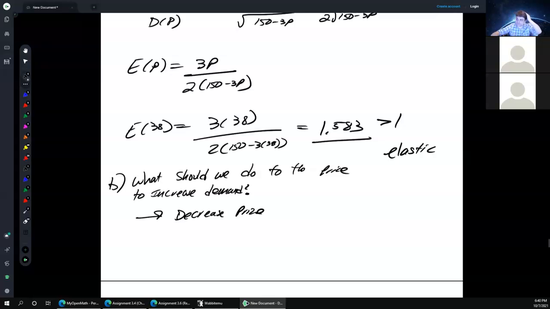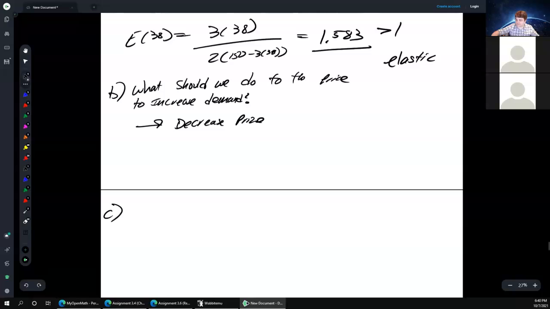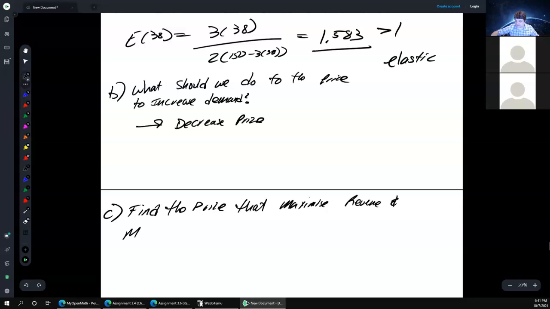All right. And then part C. Find the price that maximizes revenue and the max revenue.